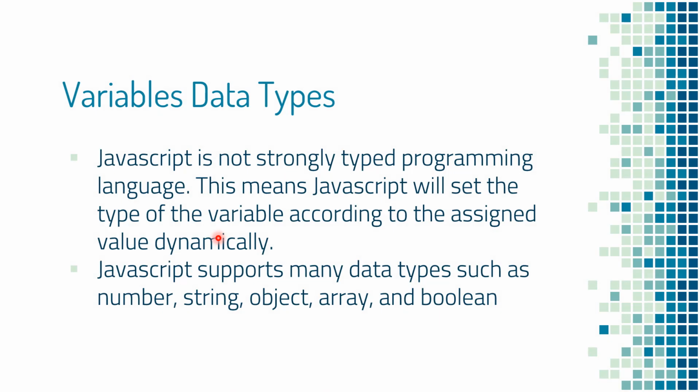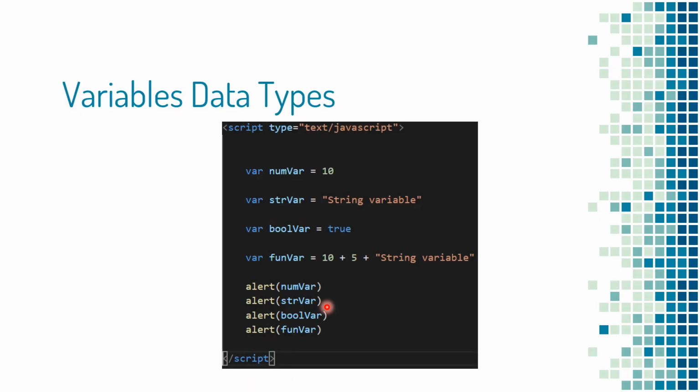So the variable data types, as I said, JavaScript is not a strongly typed programming language, which means the variable data type will be set based on the value you assign to it. Okay. In JavaScript, there are many types. You have numbers, string, objects, array, boolean, all these standard data types, which are available in almost all programming languages.